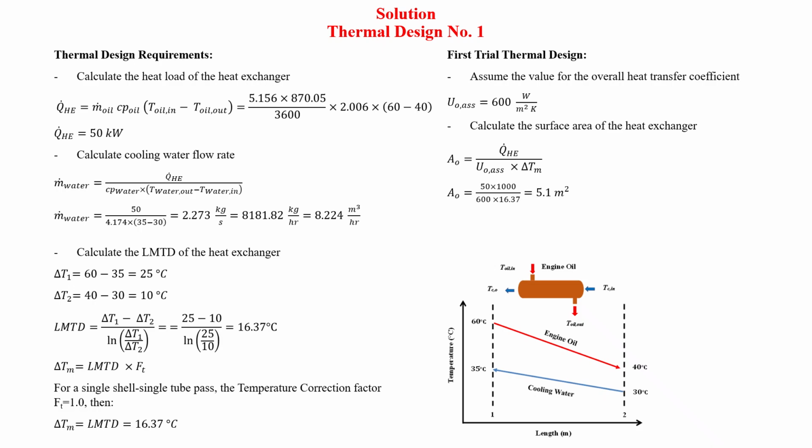If we substitute the values, then we will get 5.1 meter square. This is the surface area of the heat exchanger, and that will end with the total number of tubes to be about 42 tubes.